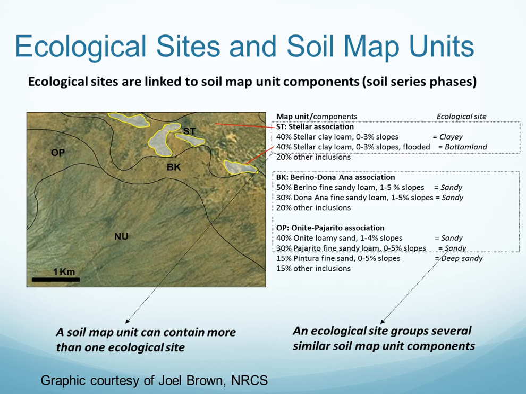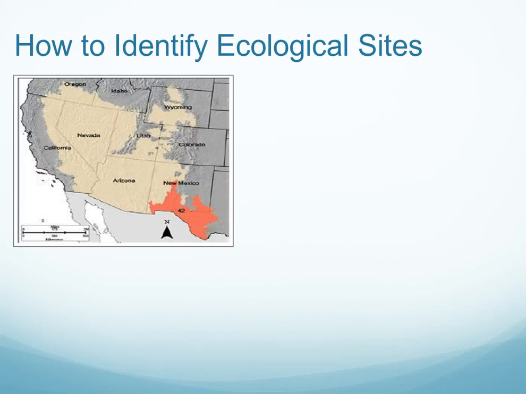So let's see how we can use information about soils in order to determine an ecological site, because that is what we need to know for management purposes, is the identity of an ecological site. And we are going to look at a site on Otero Mesa in southern New Mexico.